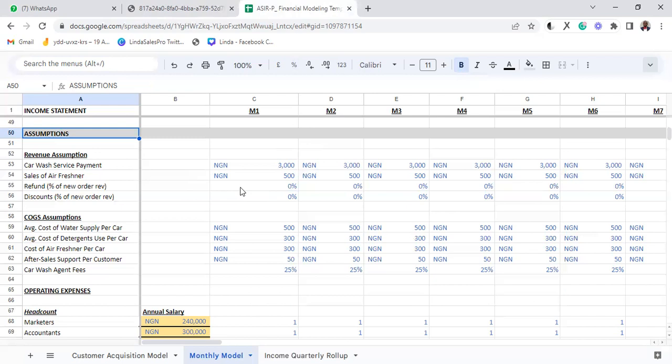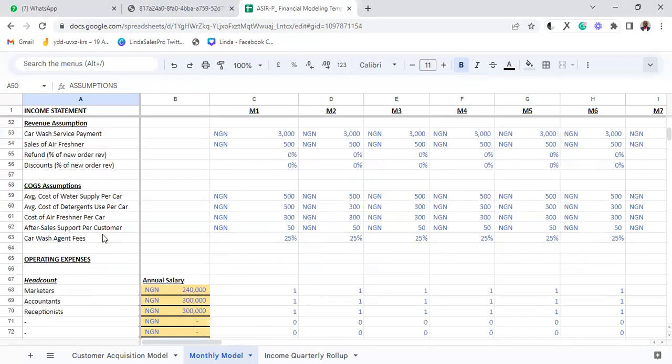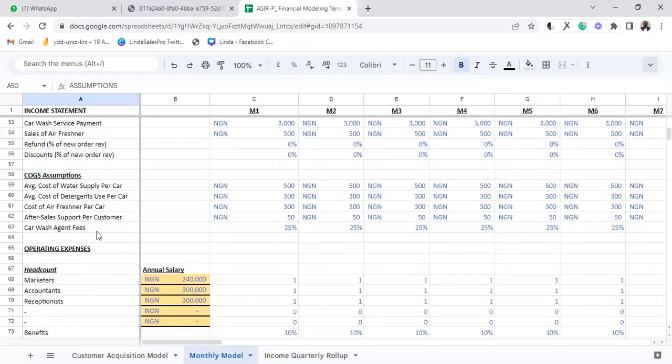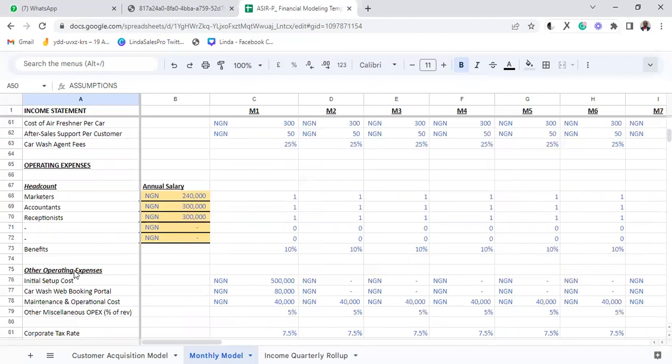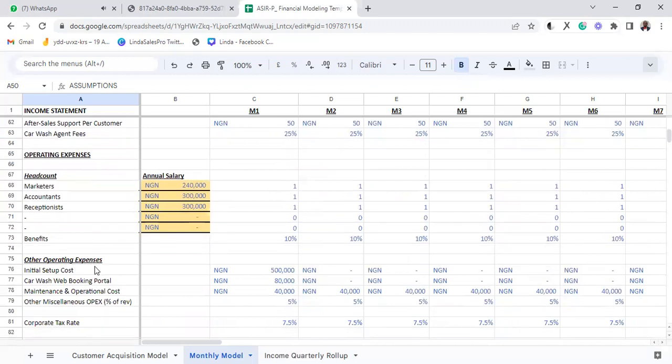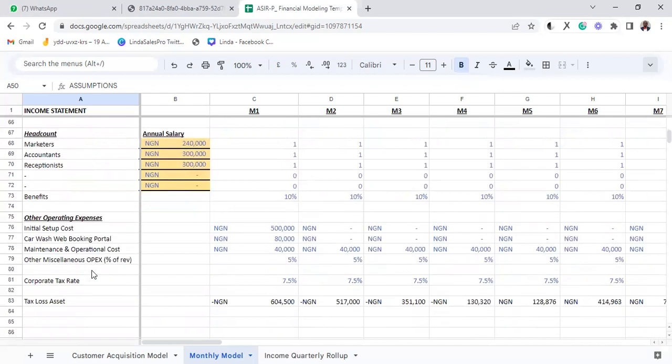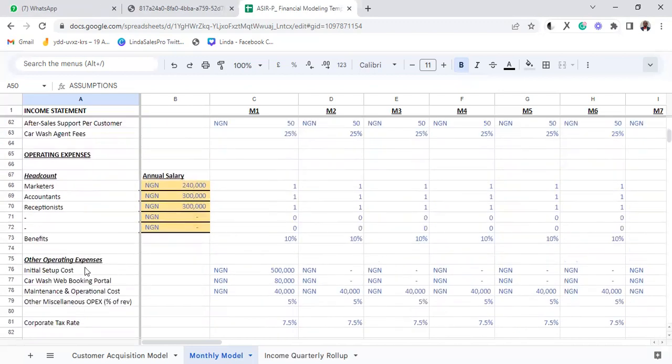So it does not include that. All right, as you can see, we have the operating expenses assumption. We also have the other operating expense assumption, right? That is all we have here.